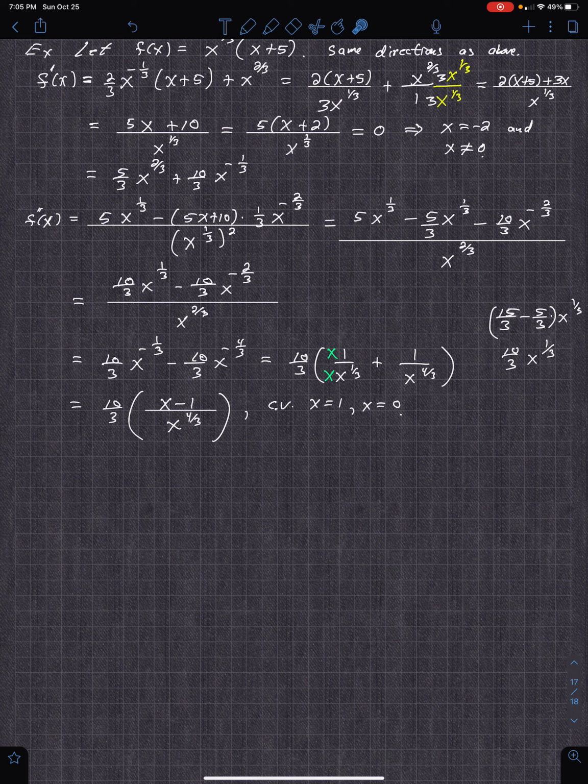5 minus 5/3, so 3 over 3 is 10 thirds, which is that. And that's 10 thirds, so I can just factor out the 10 thirds. And then it's, oh, then I have to divide. So no, that 10 thirds looks all right.